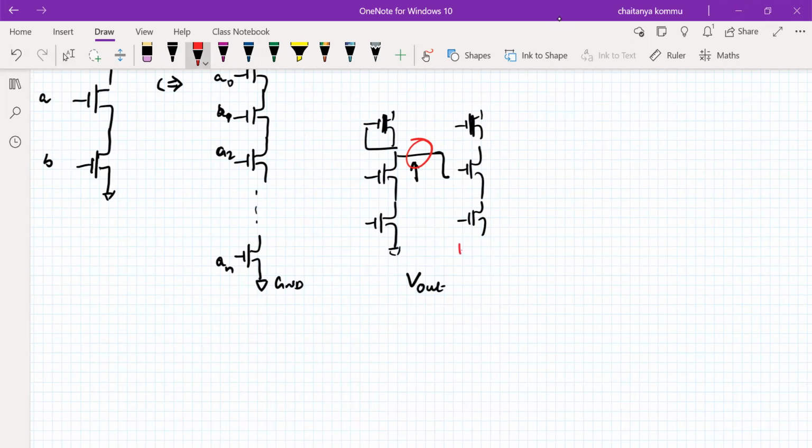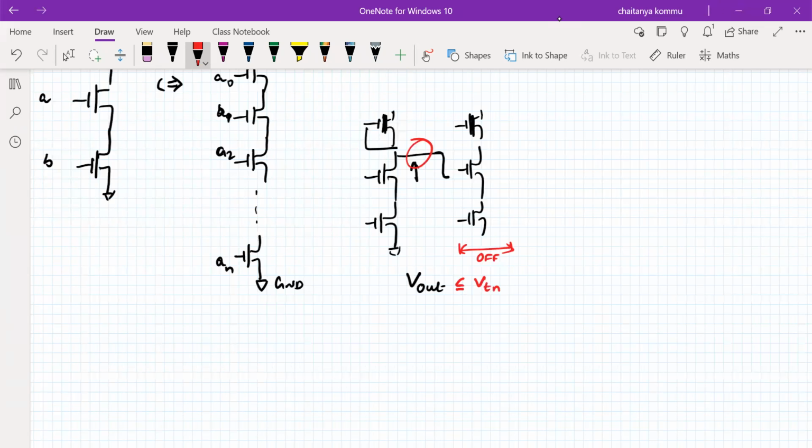These transistors want to be off. For them to be off, what output voltage must be generated? 0 has to be generated. But what is the minimum condition we have to maintain? Whatever output is generated should be less than or equal to VT, the threshold voltage of the succeeding stage transistors.